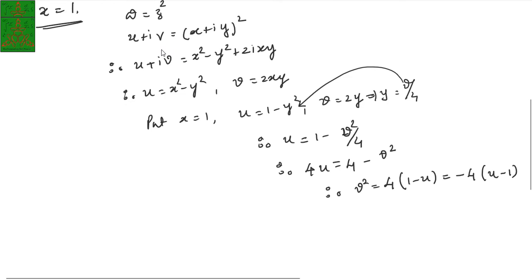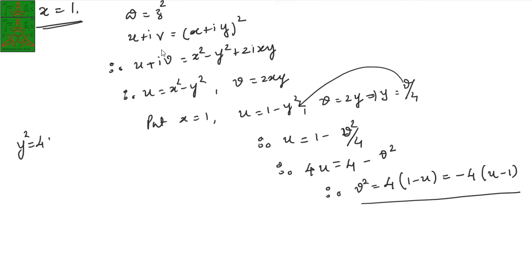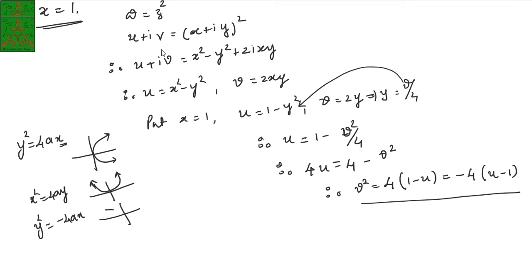Now what does this represent? Note that y square equal to 4ax represents a parabola with orientation onto the positive x axis, that means it opens to this side. Now x square equal to 4ay also represents a parabola. Since here y is positive, the orientation is on this side. Now y square equal to minus 4ax, then the orientation is on the opposite side, that is x is negative here.